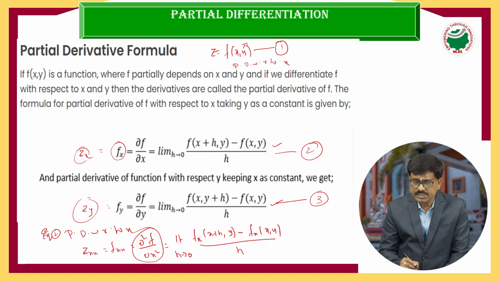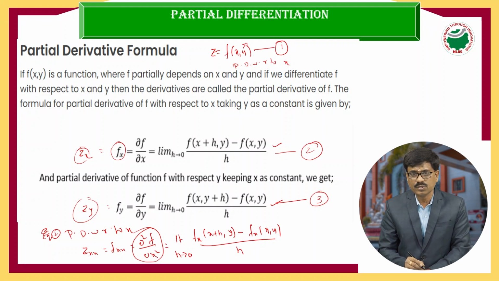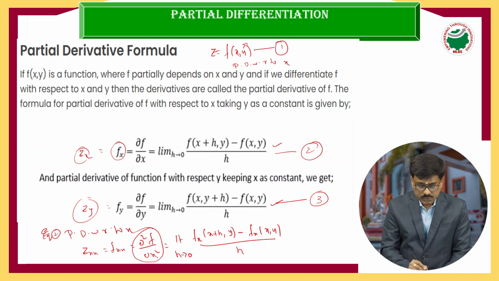Similarly, for equation 3, I can calculate the partial derivative with respect to y. This is called the second order partial derivative. We know first order partial derivatives, dou z by dou x and dou z by dou y, and dou square f by dou x square, which is the second order partial derivative.